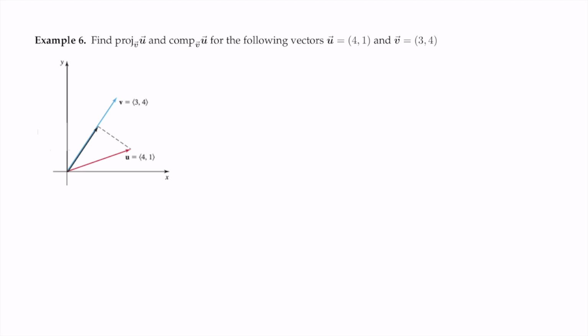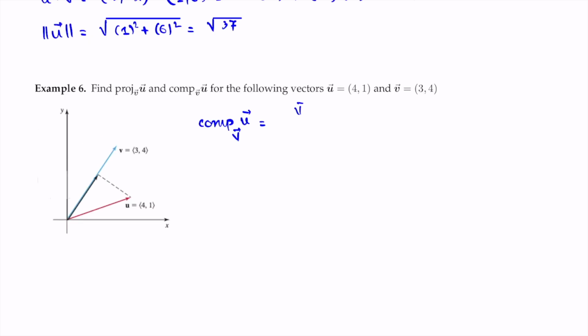So for the scalar projection of u onto v, this is equal to v dot u divided by the magnitude of v. As you can see, the formula gets switched a little bit. So instead of dividing by the magnitude of u, now you divide by the magnitude of v.